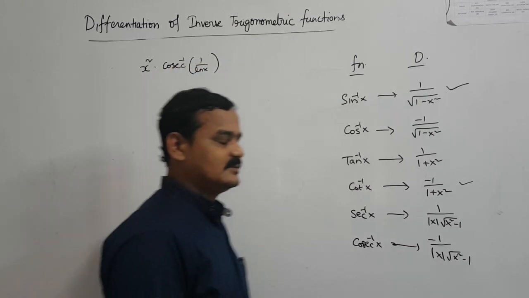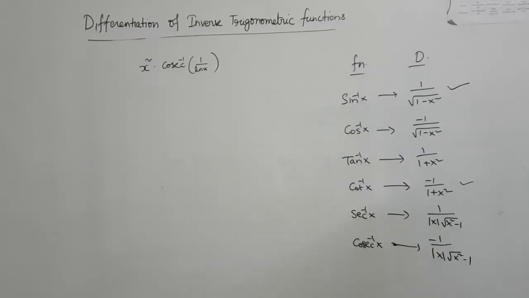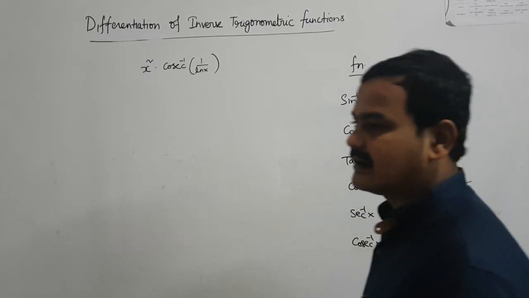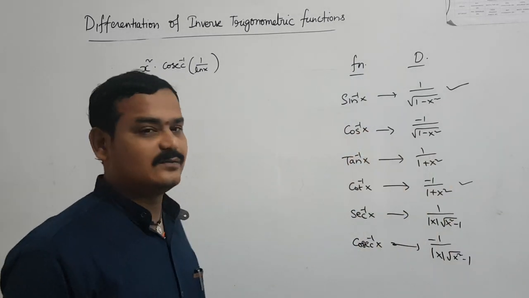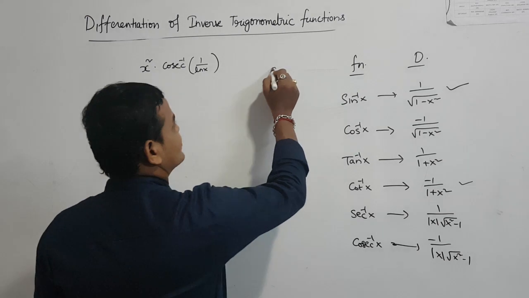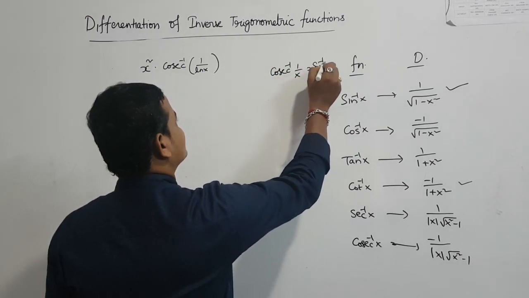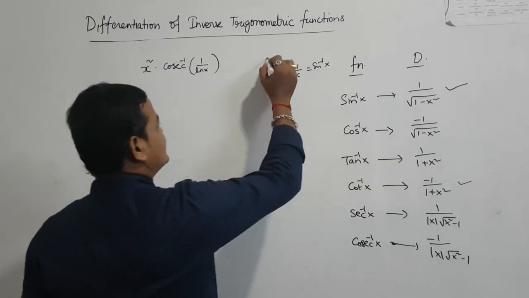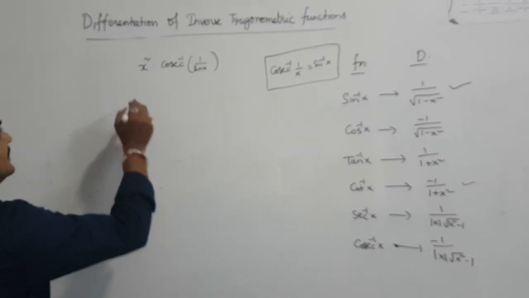Here, this is your textbook question. You did that directly, but we have one formula: cosec⁻¹(1 by x) is equal to sin⁻¹x. Convert this formula, then it becomes very easy. So it can be converted.